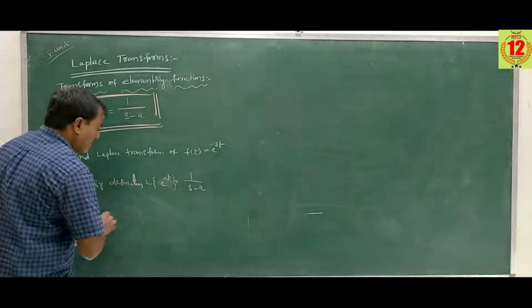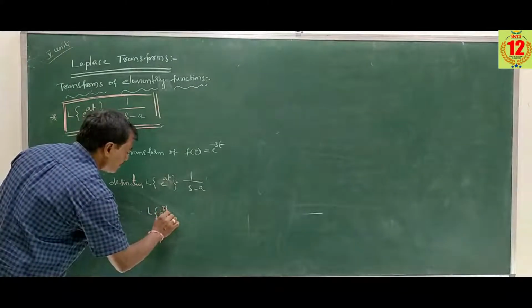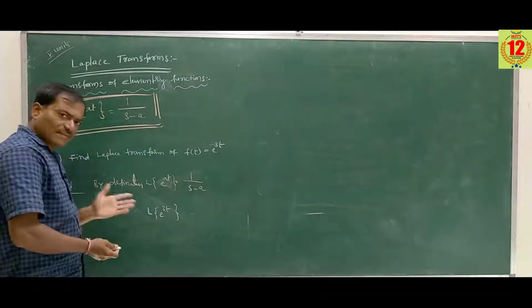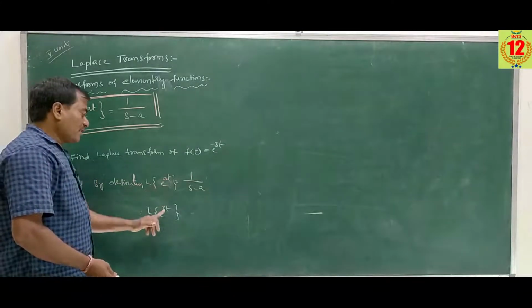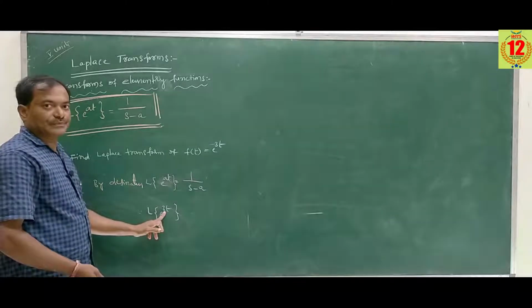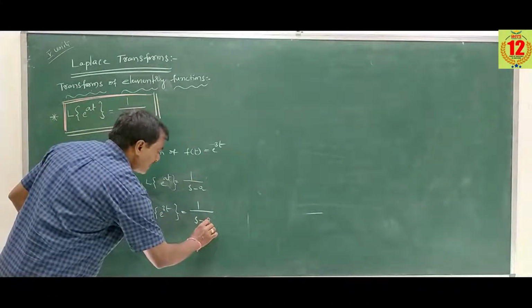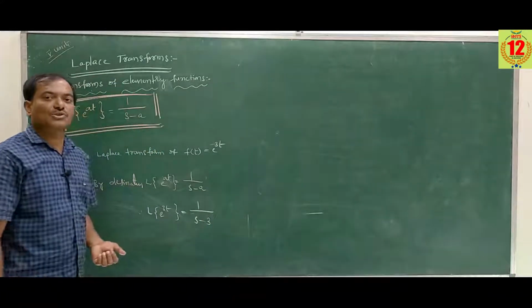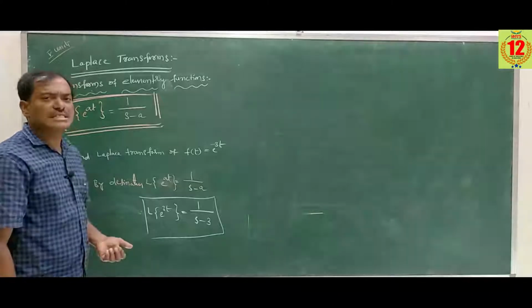So therefore, for the given function, first compare the left hand side functions. So a equal to 3. In the right hand side, this a is replaced by 3. So this is the Laplace transform of e power 3t.